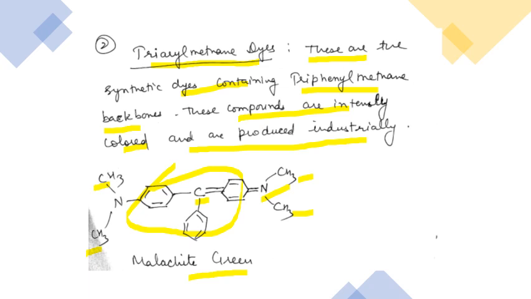So you can see the primary chromophore is this triphenyl methane, and this nitrogen alkyl group is the oxochrome, which gives its intense color.